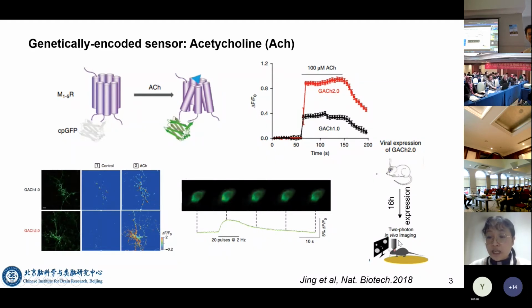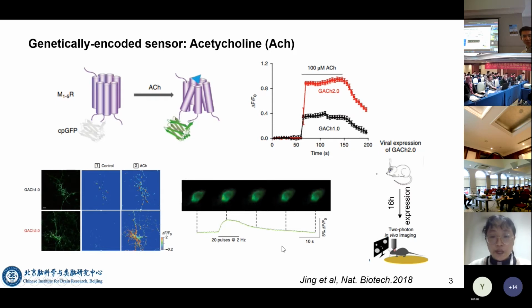After that they detected it under a 2-photon microscope while giving the mice visual stimulation, and found that acetylcholine 2.0 had a higher response compared to the first version. This work was published in Nature Biotechnology in 2018.